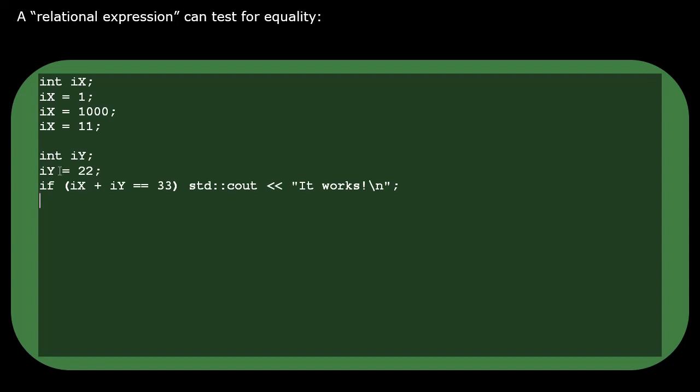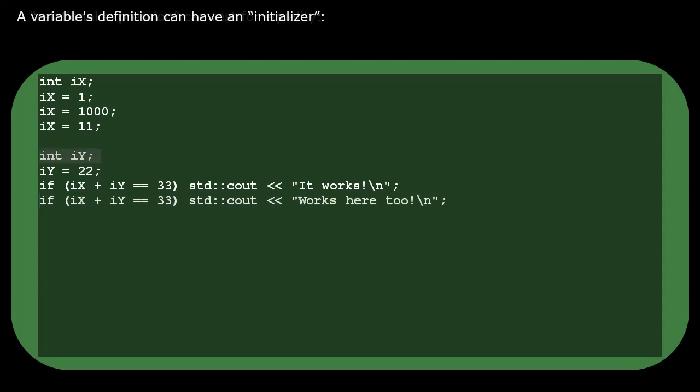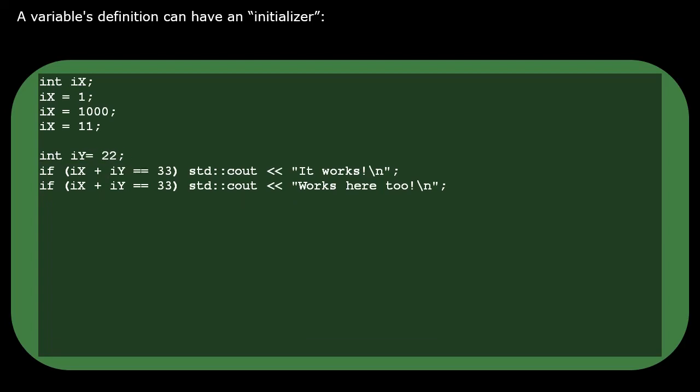Notice that the equal sign is written once in an assignment statement, but it is written twice in a relational expression that tests equality. A definition of a variable and an assignment of a variable can be combined together into a definition that uses an initializer.